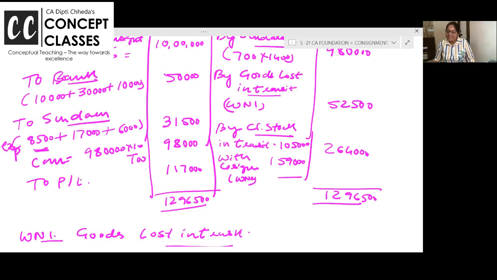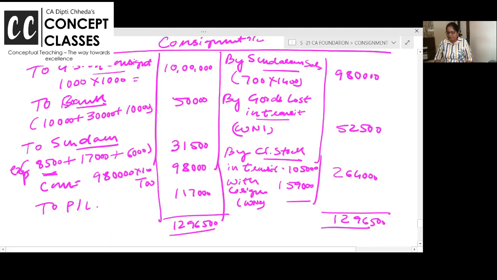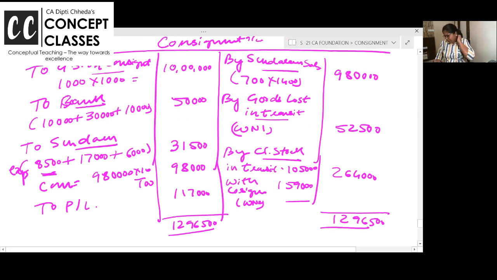Let us go for the next one, where we will do closing goods sent on profit basis. First check if this is clear, check once. We have sent goods of 10 lakh.